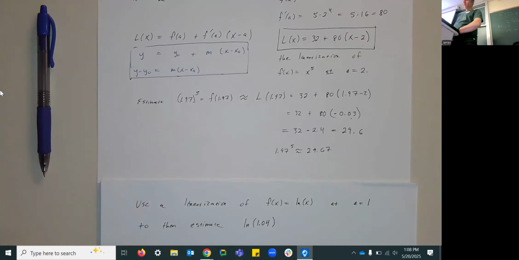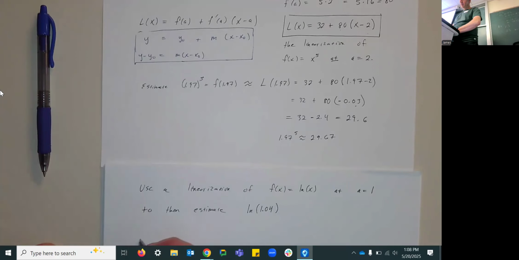So you should start off by finding the things you need in f of a plus f prime of a times x minus a. You already know what a is, you know what your function is, so you can find f prime of a and then write out your linearization.